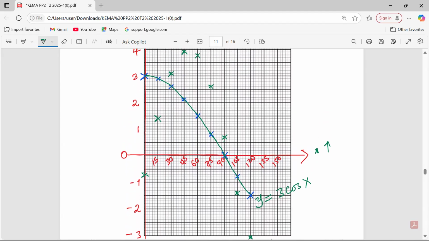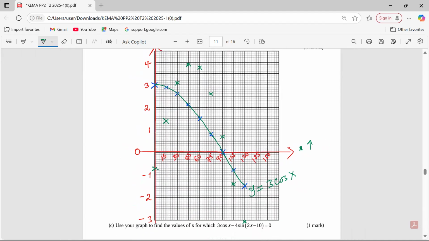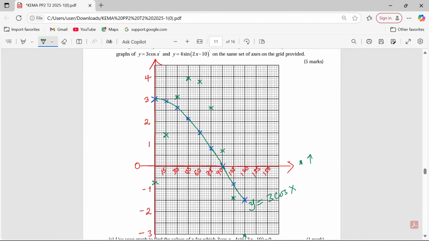Okay, so we are supposed now to join these points until we get a very smooth curve. They have already been plotted. They are suggesting a smooth curve.